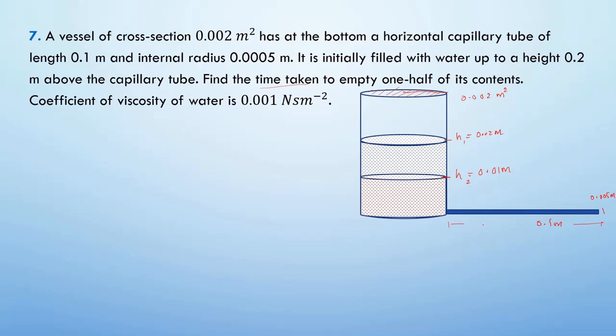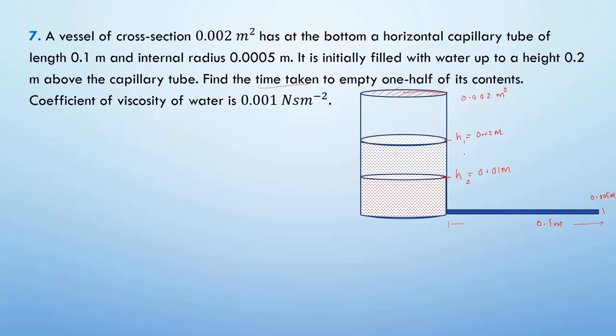So the pressure difference between these two points is no more constant. Therefore, we cannot use Poiseuille's equation directly, because Poiseuille's equation was for when the pressure difference during the time t is kept constant.